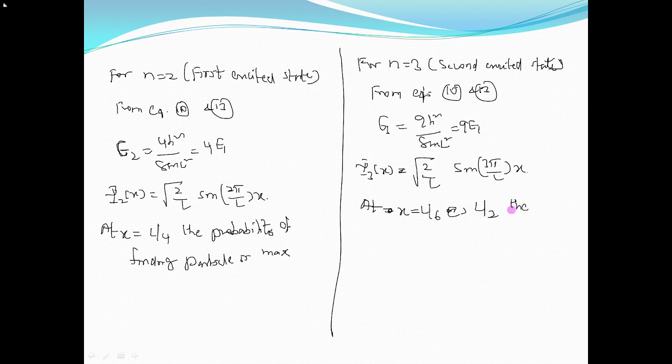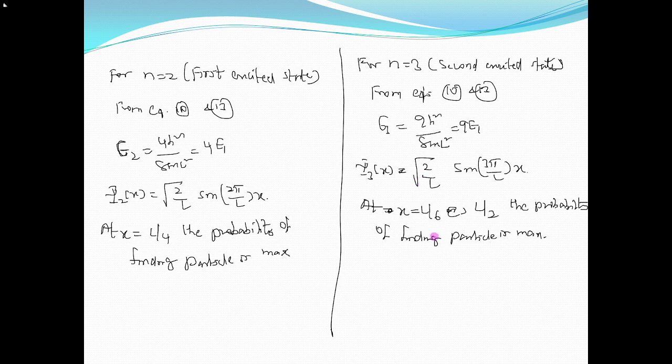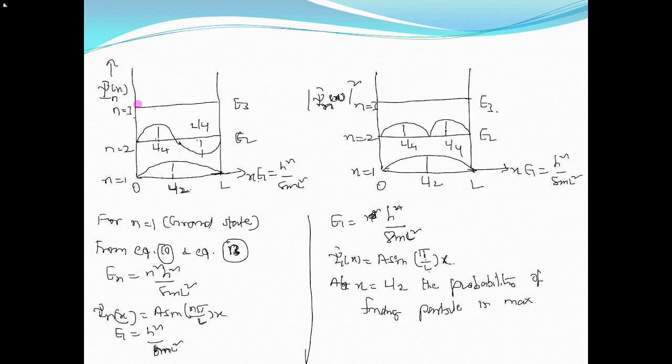So the probability of finding the particle is maximum at L by 6 and L by 2.